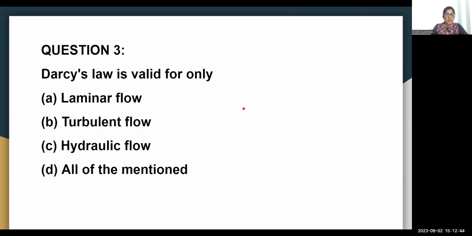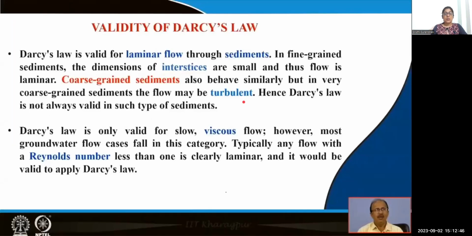Okay. So Darcy's law, as we know, describes the rate of flow of water through the soil media, which is a product of the hydraulic conductivity and hydraulic gradient. Now, there are some assumptions based on which this law was developed. So, Darcy's law is only valid for laminar flow.